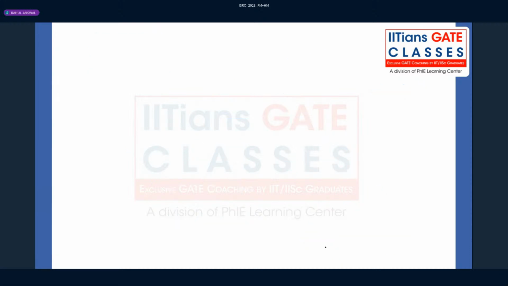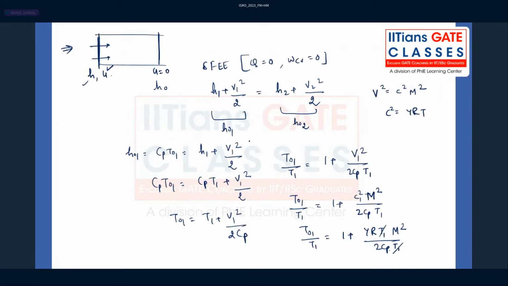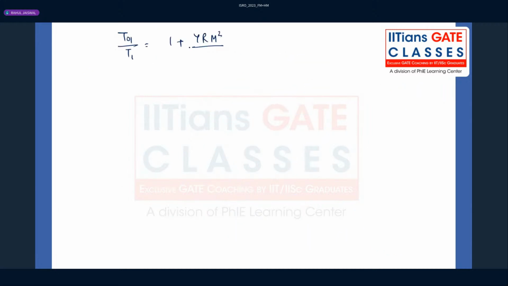So T01 divided by T1 is 1 plus gamma R M square divided by 2Cp. T1 cancels out.